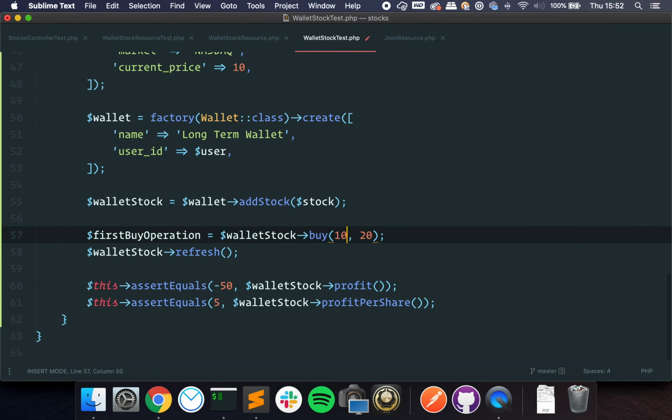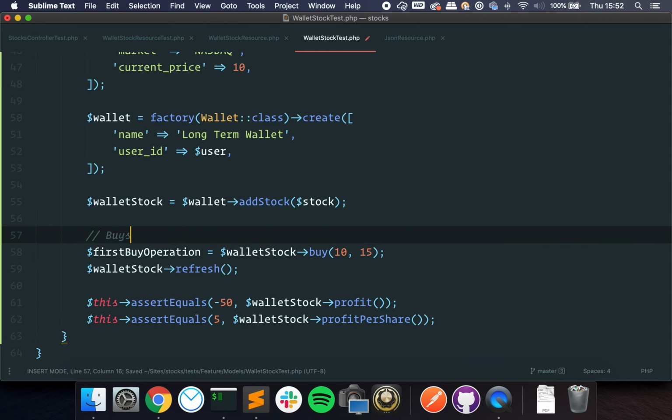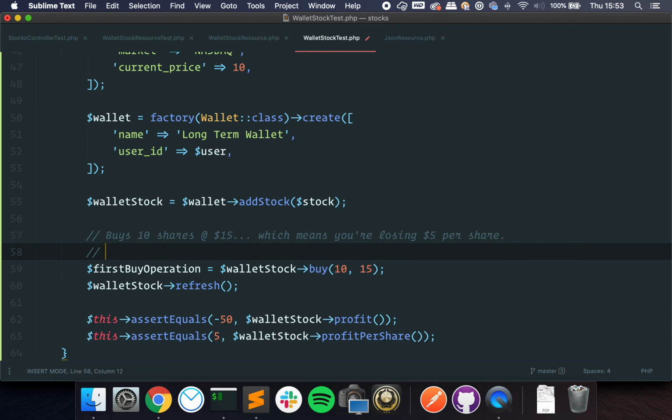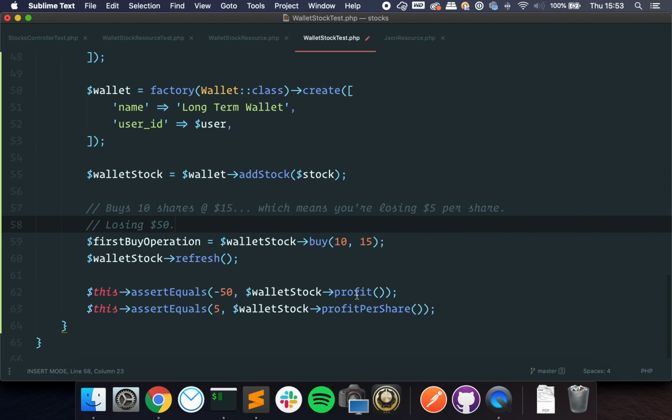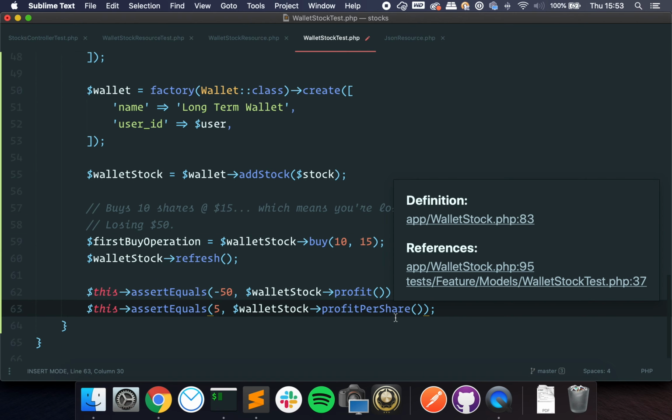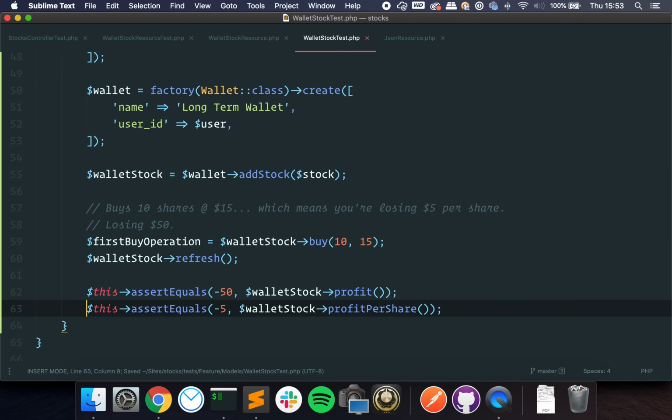So let's buy 10 stocks at $15. So it buys 10 shares at $15, which means you're losing $5 per share. If you have 10 shares, you are losing $50. Okay, so we should have minus 5 and minus 50.